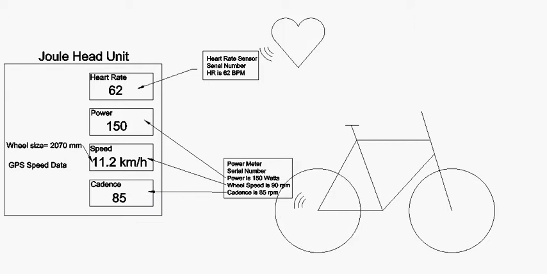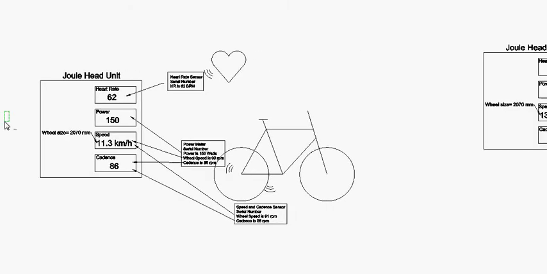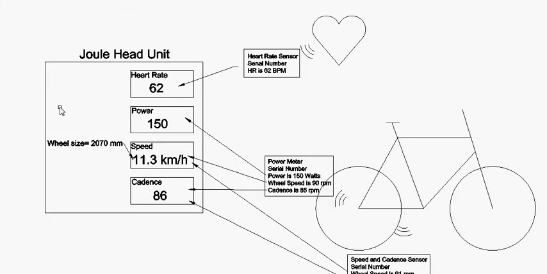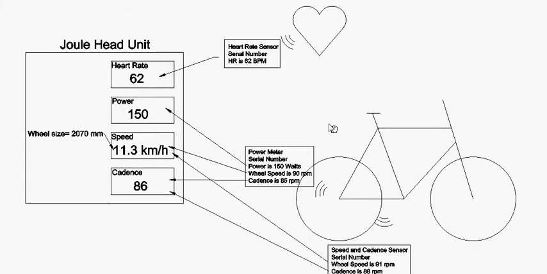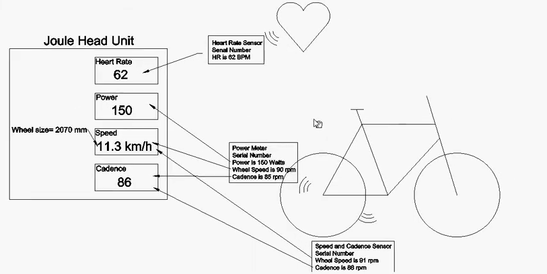Then if we look at another case where you add a speed and cadence sensor to the mix, the heart rate works the same. The head unit treats that the same way. When you have a speed and cadence sensor and a power meter on the bike, depending on what type of power meter you have, the head unit is going to get data on speed and cadence from 2 different sources: from the power meter and from the speed and cadence sensor.